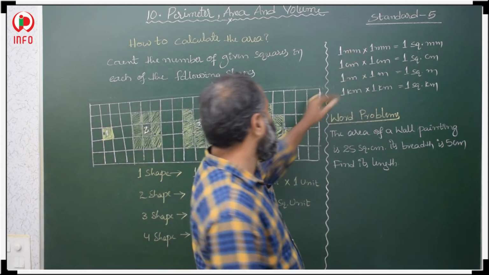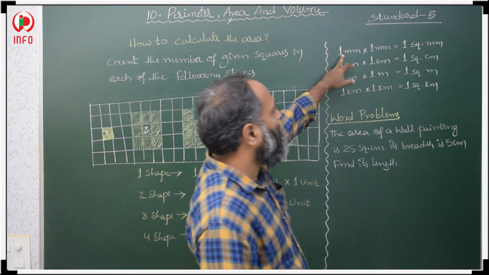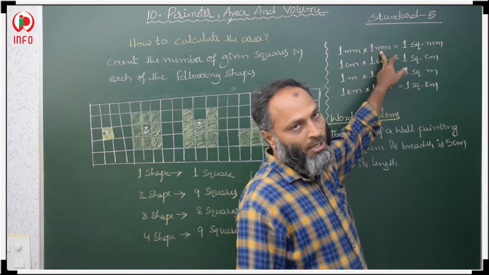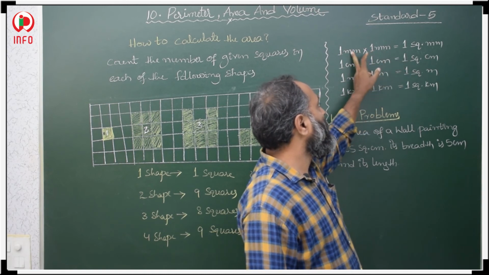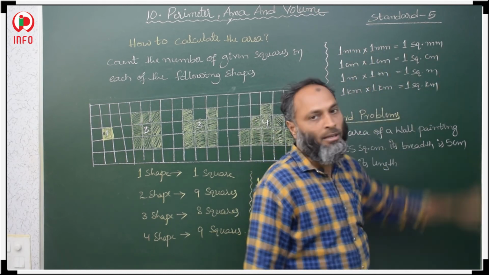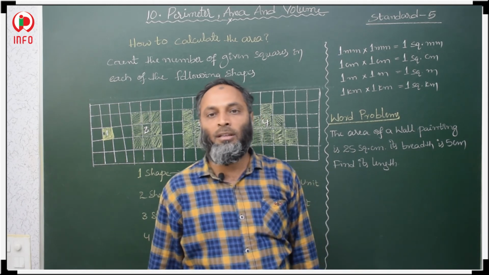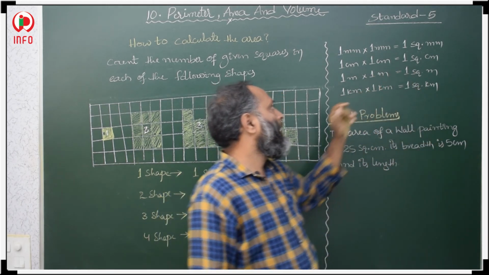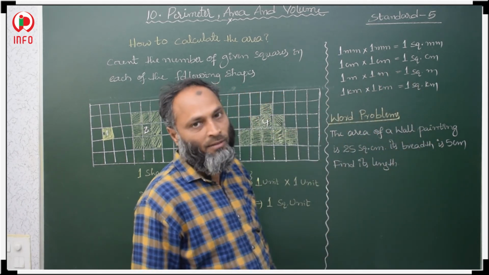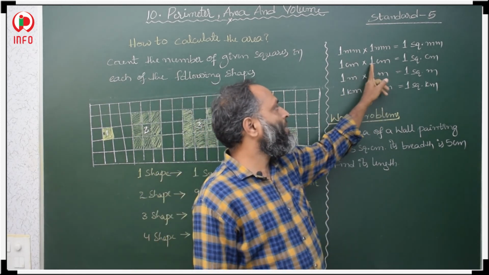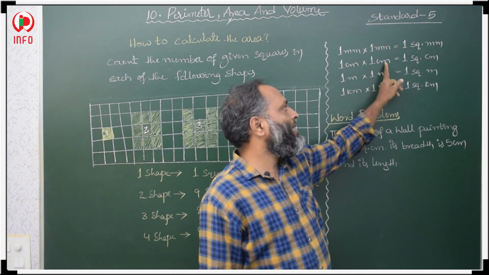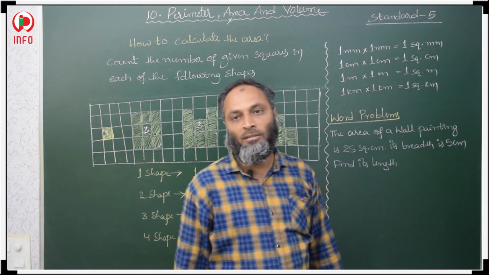If the length and breadth of a square are 1 millimeter, then 1 1s are 1, millimeter into millimeter, square millimeter. If the length and breadth are 1 centimeter, then 1 1s are 1, square centimeters.